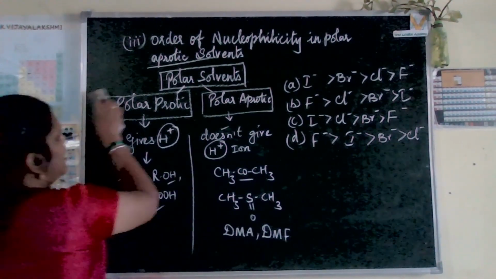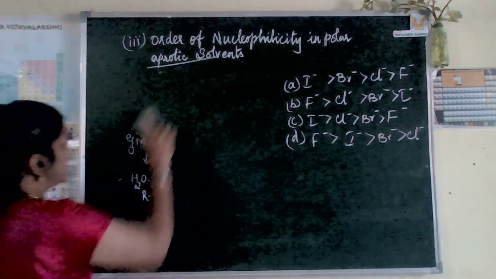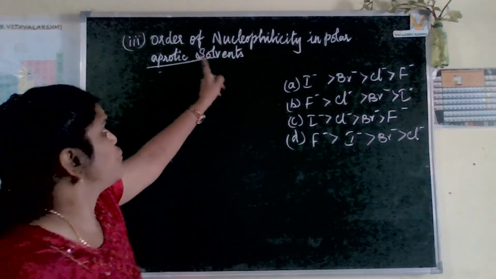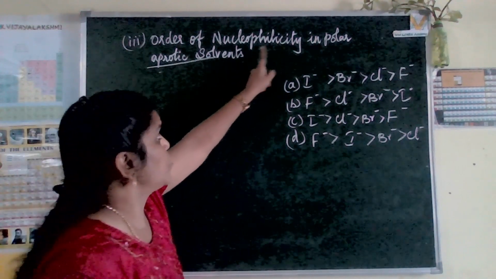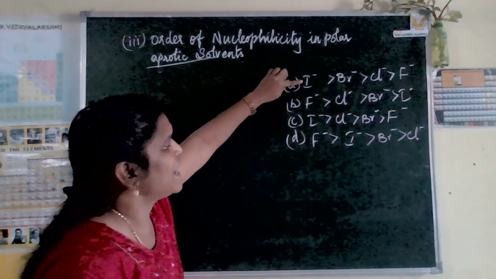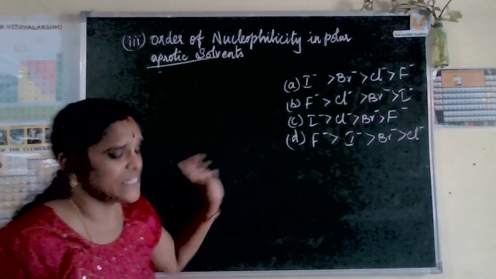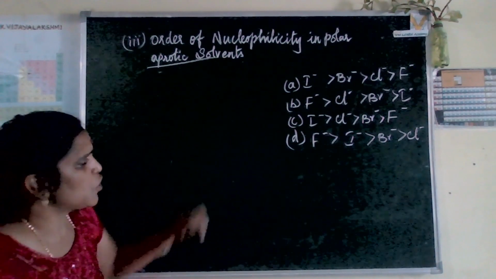Now the next point: they are asking the order of nucleophilicity in polar aprotic solvents, and they mention I-, Br-, Cl-, F-, four options.